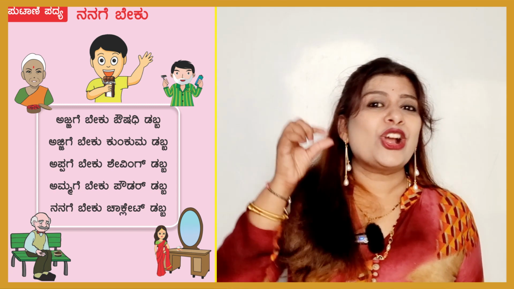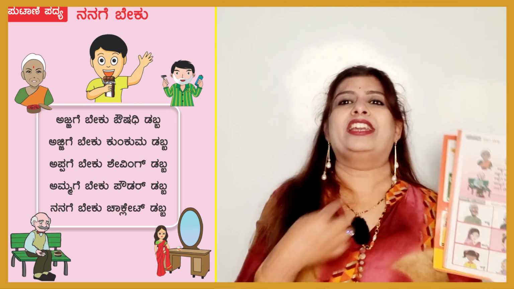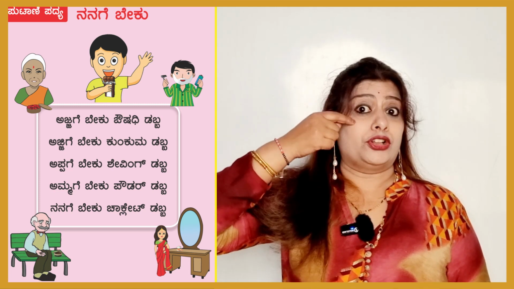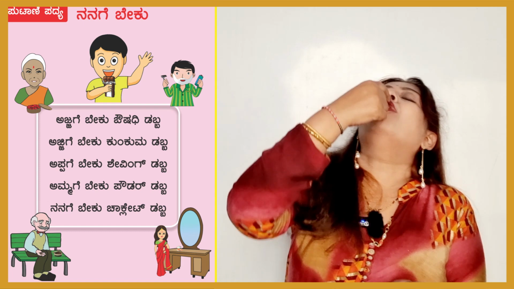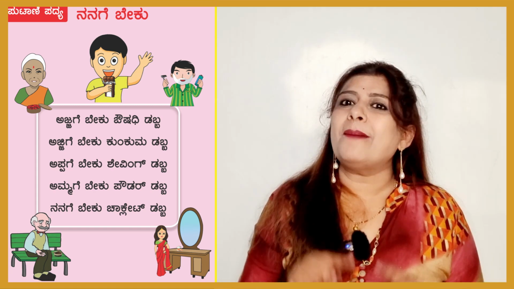And that short and sweet rhyme is, you can see here, Nanage Beku. The name of the rhyme is Nanage Beku, and we start with Ajji. So how do we show Ajji? Ajjige beku kunkuma dabba, Ajjage beku aushadi dabba, Appange beku shaving dabba, Ammange beku powder dabba, Nanage beku chocolate dabba.